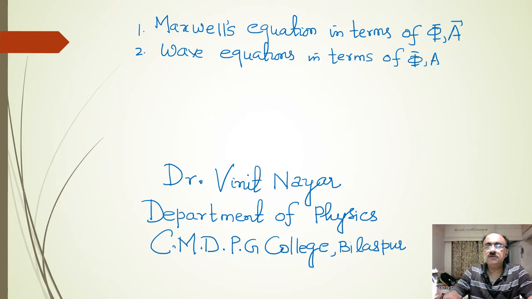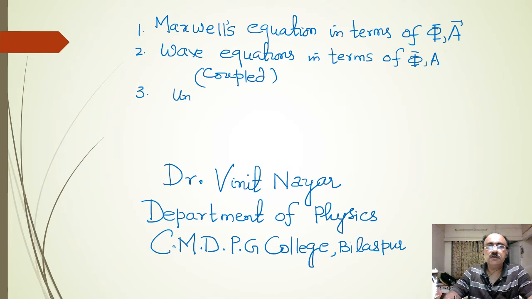But here these equations in the initial stage will be in coupled form. Coupled form of equations means it will involve both A and phi. So after we uncouple it, we will get separate equations for the scalar potential phi and the vector potential.